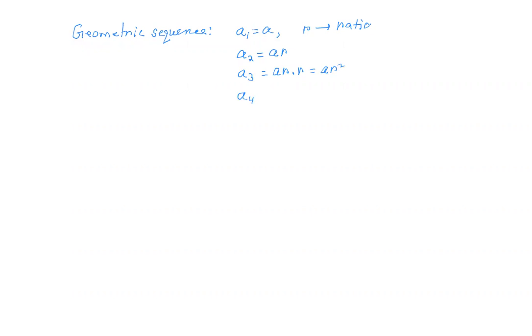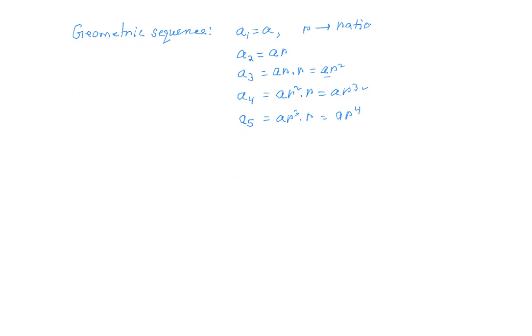A4 is going to be, take the last term, A R squared, multiplied by R, which is A R cubed. A5 is equal to, take the last term, AR cubed, multiplied by R, which is AR to the power 4.